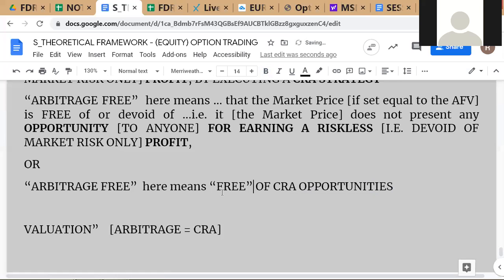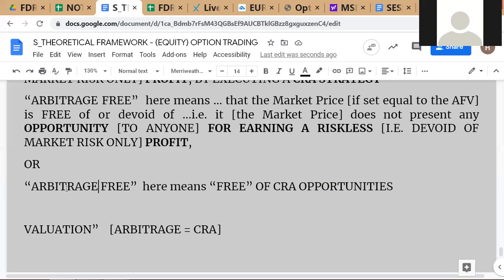And always, because you guys are new in finance, you're learning these concepts for the first time, what you must do always is, when you are talking about arbitrage, and especially about AFV, you must always remember that AFV is referring to CRA, and it is not referring to those other examples I gave you, like risk arbitrage, StatArb, uncovered interest arbitrage, etc. All those examples where the market or the industry uses the word arbitrage in an improper way to refer to things that do not represent CRA.